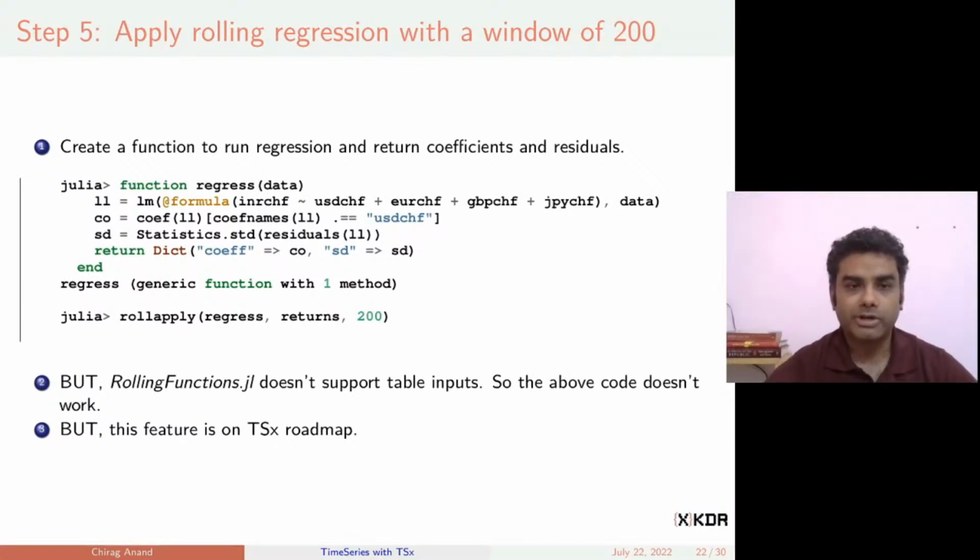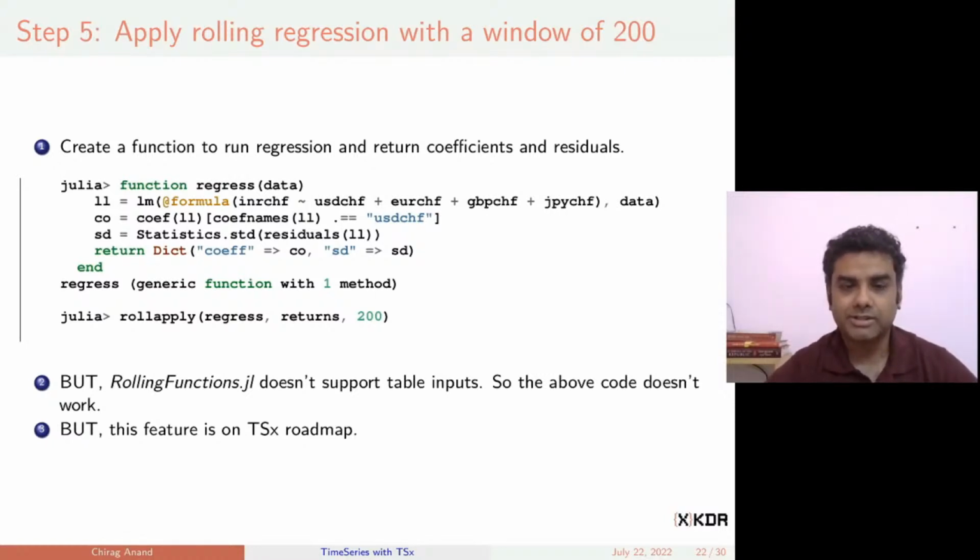Now what we wanted to do really was to do a roll apply of this function on this object and just provide the window size. But this would require changing rolling functions.jl, which may or may not be possible, or developing something from scratch or using some other package.